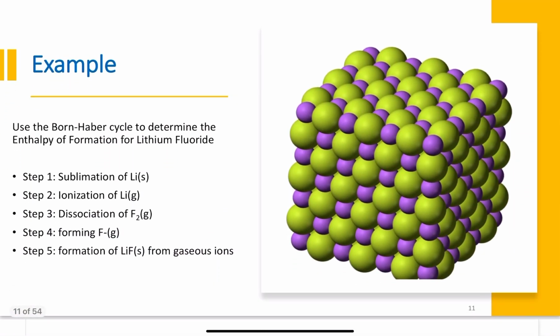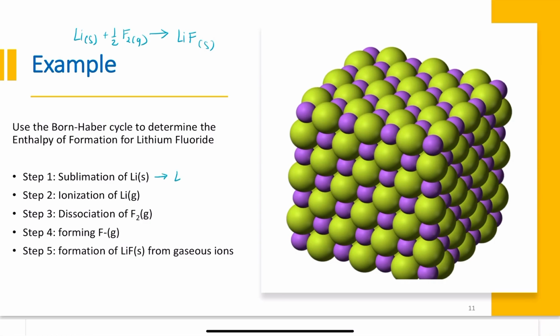Use the Born-Haber cycle to determine the enthalpy of formation of lithium fluoride. So lithium fluoride, that's forming LiF. So you've got lithium solid plus a half mole of F2 in the gas phase. First thing you need to do is sublimate lithium.